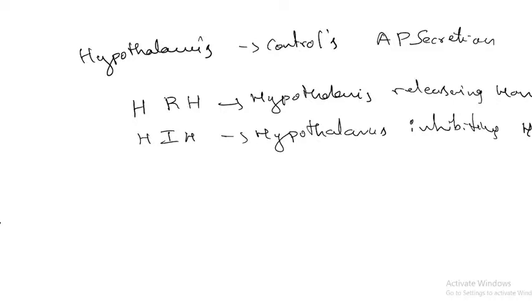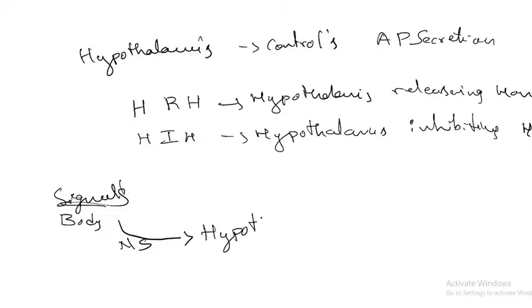How does it work? Signals come from the body through the nervous system. When there is touch, taste, smell, etc., the signal comes directly to the hypothalamus.